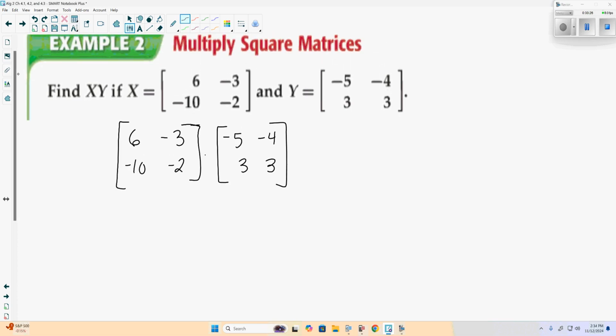So we have a 2 by 2 being multiplied with a 2 by 2. Columns and rows match, so that tells us we can multiply. And the new dimensions are going to be a what? A 2 by 2. So we multiply 2 by 2s together and we get a 2 by 2.